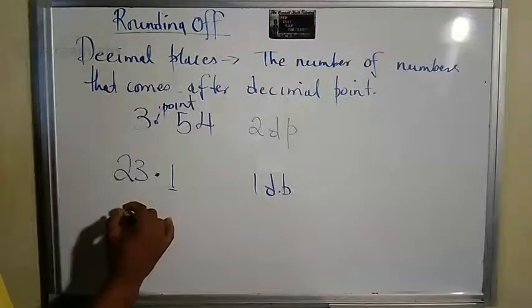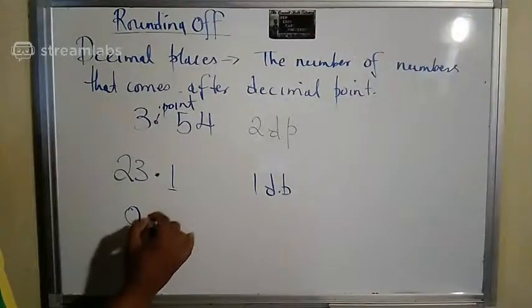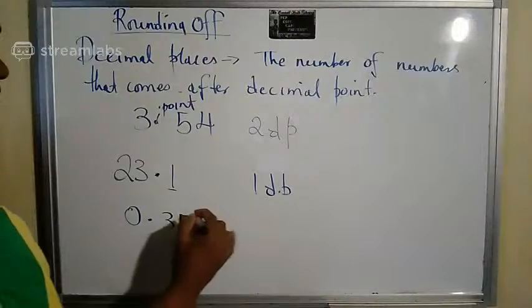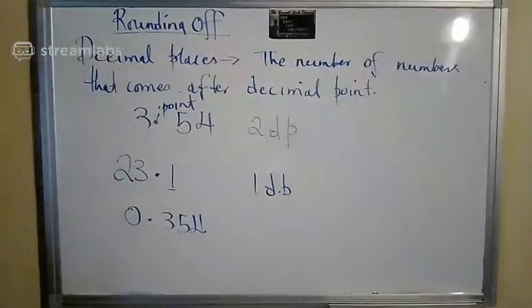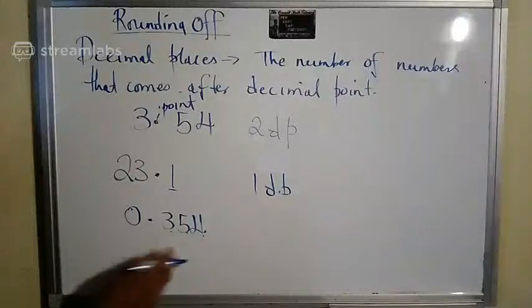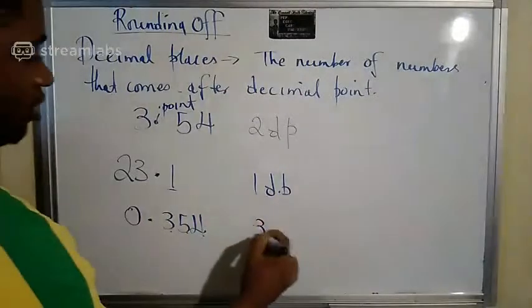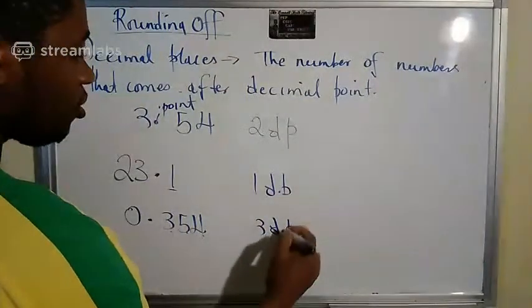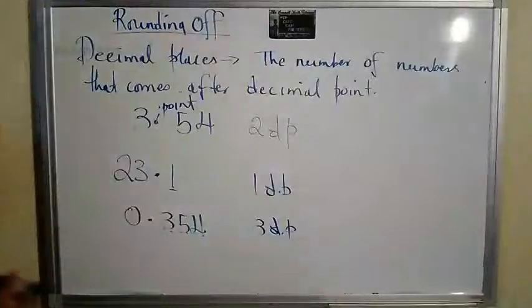Let's say we have 0.354. How many decimal places? 3. Remember, it's after the decimal point: 1, 2, 3. So it's 3 decimal places.